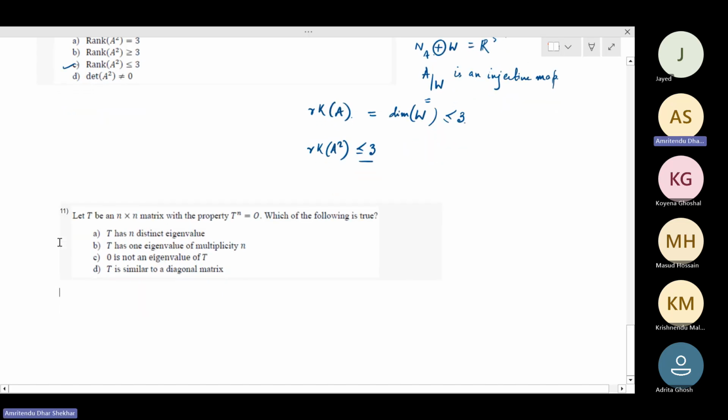Right. So T is an n cross n matrix with this particular property, and I'll let you think about this question, and then I'll answer.